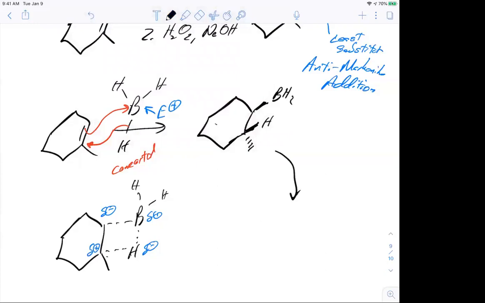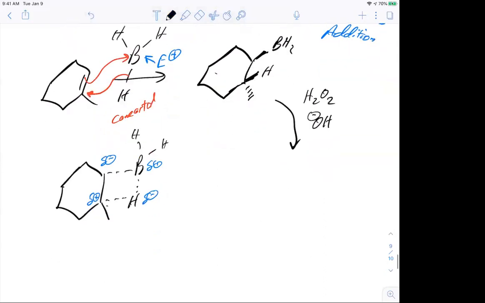Then the next step is oxidation. So we use hydrogen peroxide in a base solution, and that removes the boron by oxidation.